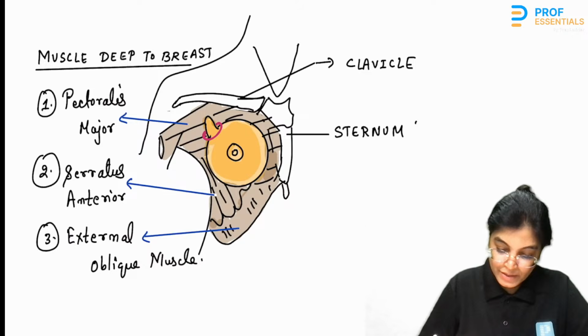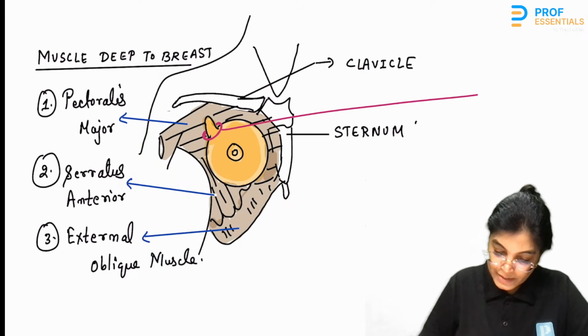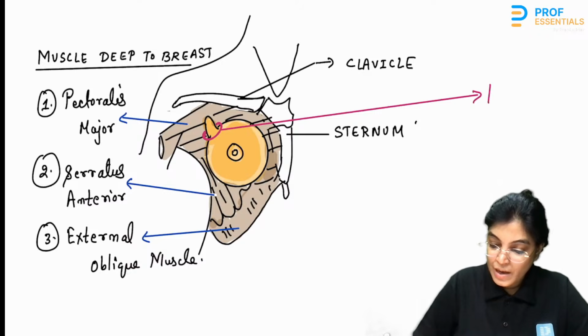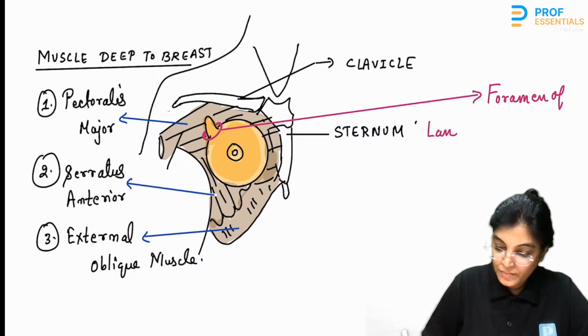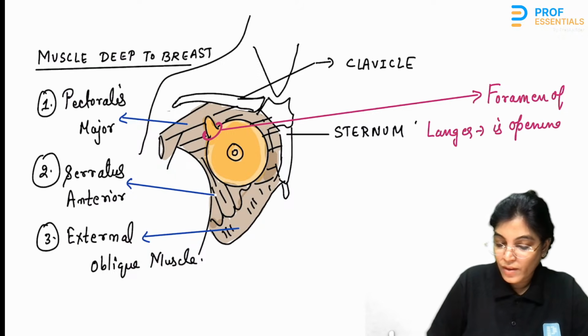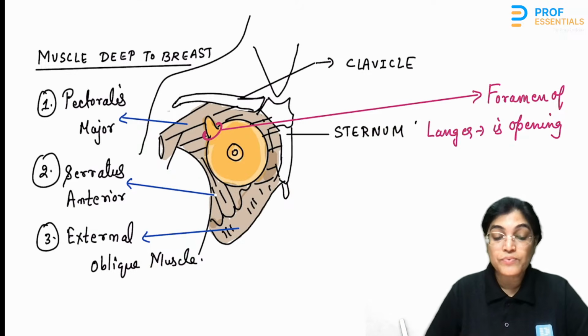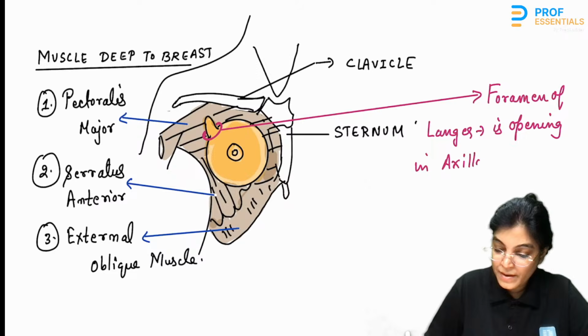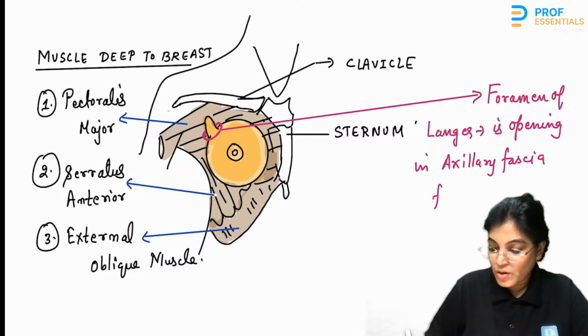So if you want, we can write here: this is the foramen of Langer, and the foramen of Langer is an opening in the axillary fascia for the axillary tail of the breast.